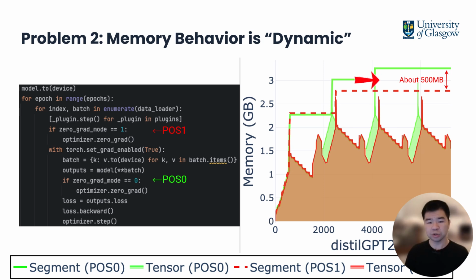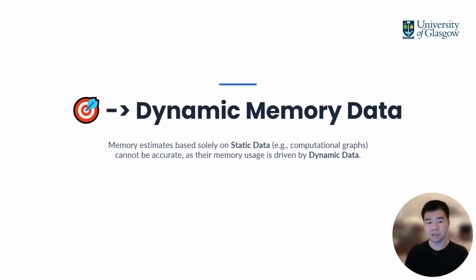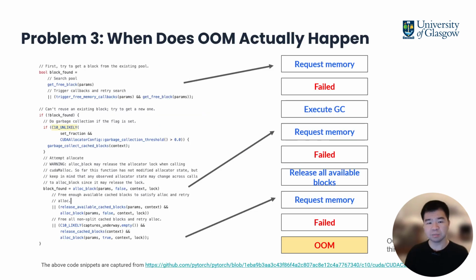This unpredictable jump is exactly the problem we need to solve. Therefore, we think that capturing those dynamic behaviors is crucial since we are not able to capture that data from a static computation graph.